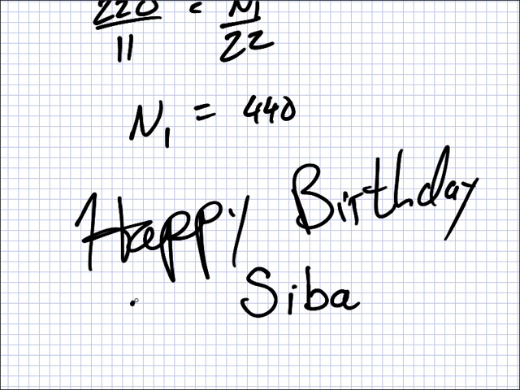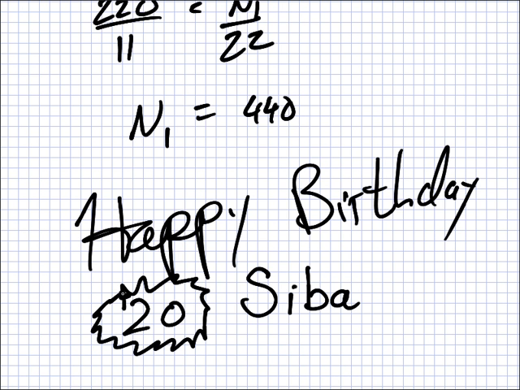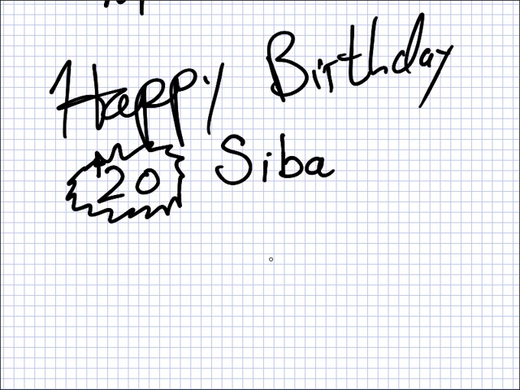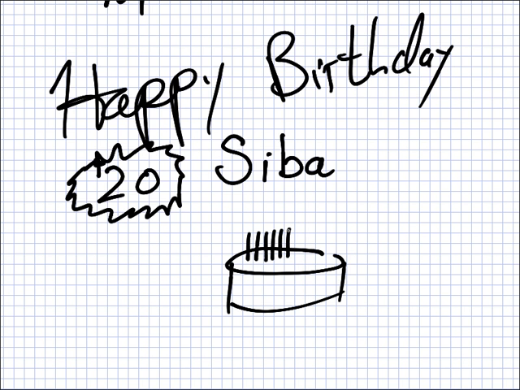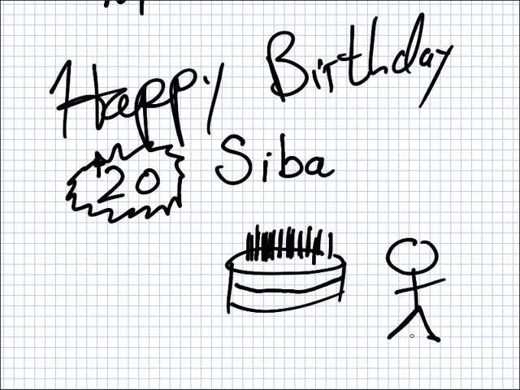We think 20? We'll draw her a cake. 1, 2, 3, 4, 5, 6, 7, 8, 9, 10, 11, 12, 13, 14, 15, 16, 17, 18, 19, 20. I know she never wears a dress, but it's the only way I can draw her.